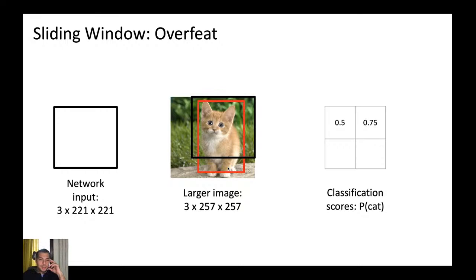And then they slide it to the next location, and they have another prediction, and so on. So for each location, they get a class label and a bounding box. And we have all these 4 bounding boxes that are predicted for the cat.